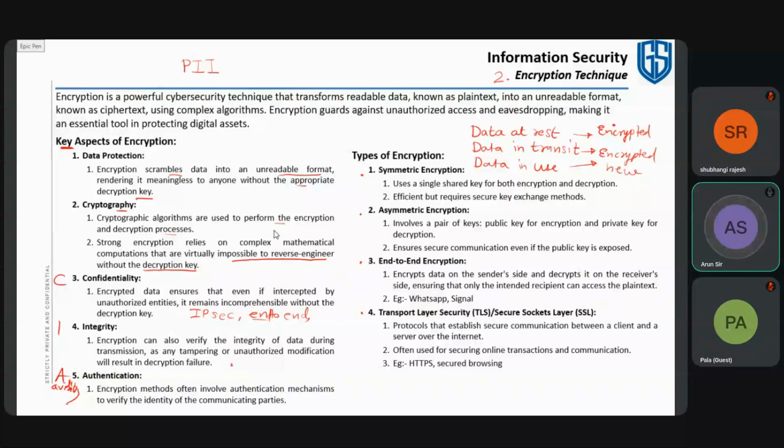Then there is TLS or SSL, which is again important, and nowadays 90% of web communication is happening with TLS and SSL security only. The protocol you are using will act as a client and server over the internet, and we can use different certifications which are generated by various bodies.